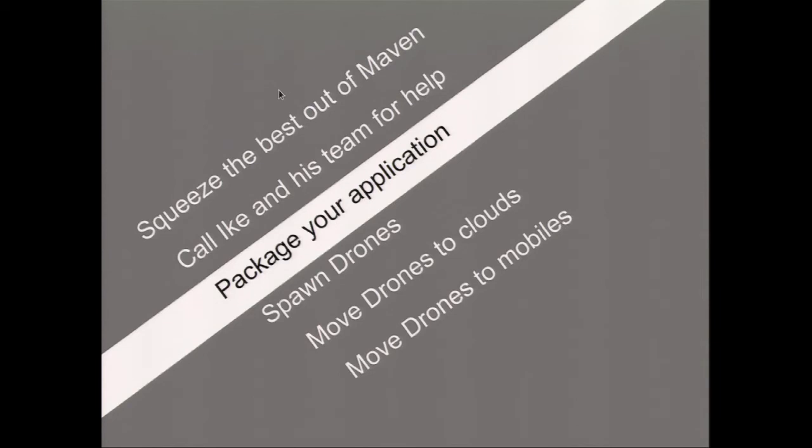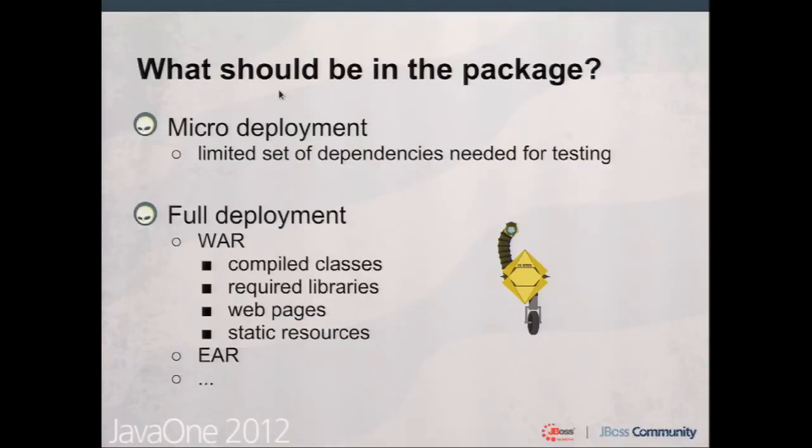So this is basically the place where we are leaving Maven. We will be moving rather into Java code. So what's actually a testing archive from the point of view of Arquillian? It is basically the set of dependencies, or the piece of the application, you need in order to execute the test itself.